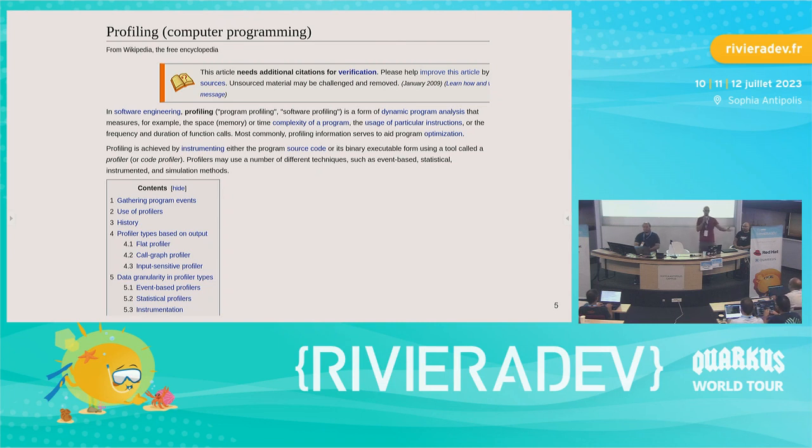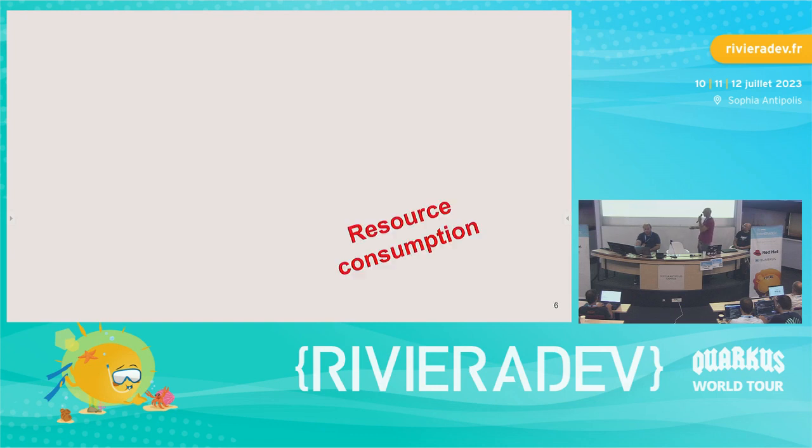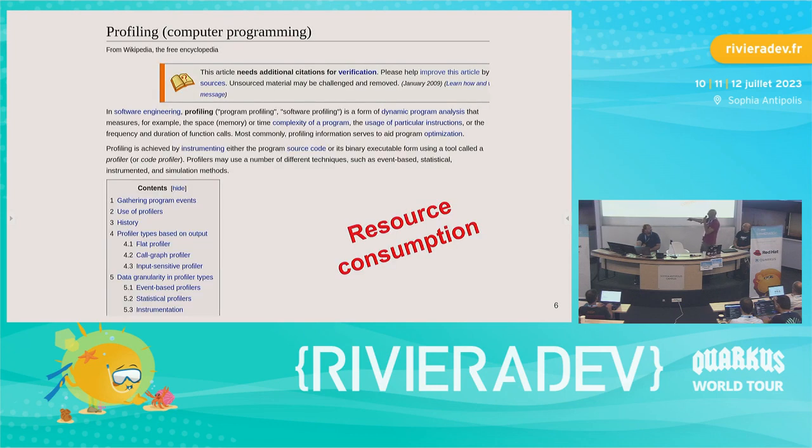So they are observers, let's say, capable of collecting data. There are different types, you can see in the last 3 lines, and they have event-based profilers, in which events are emitted, collected, and shown.